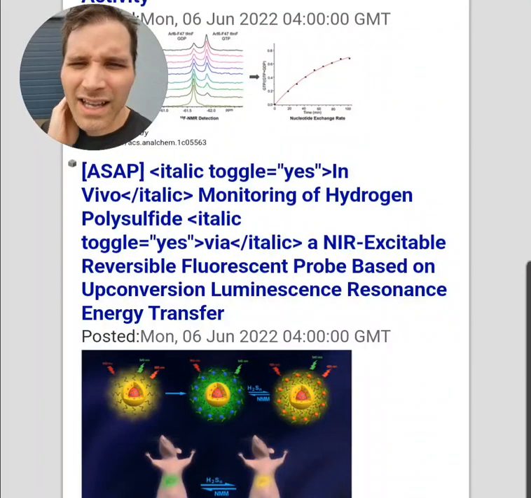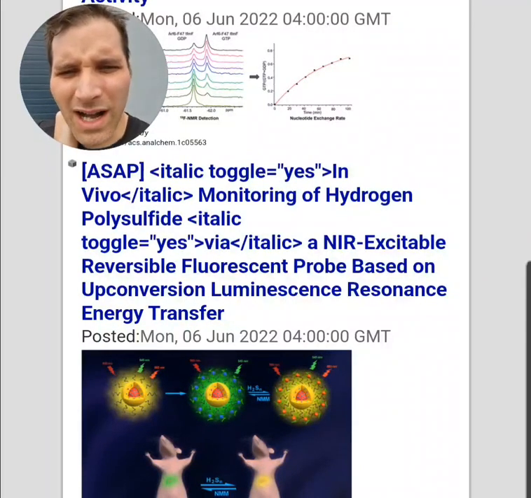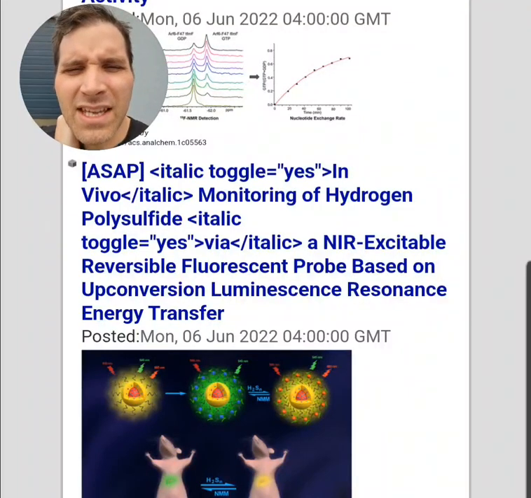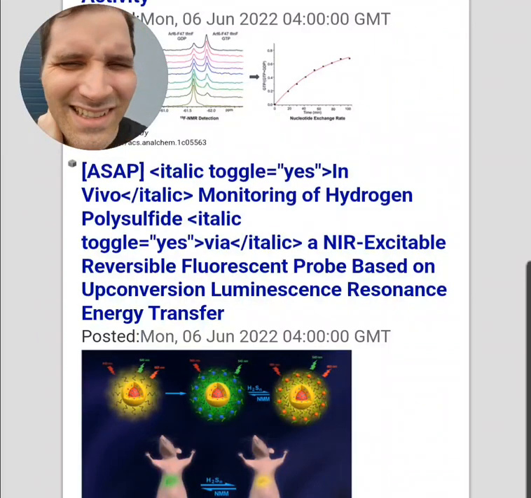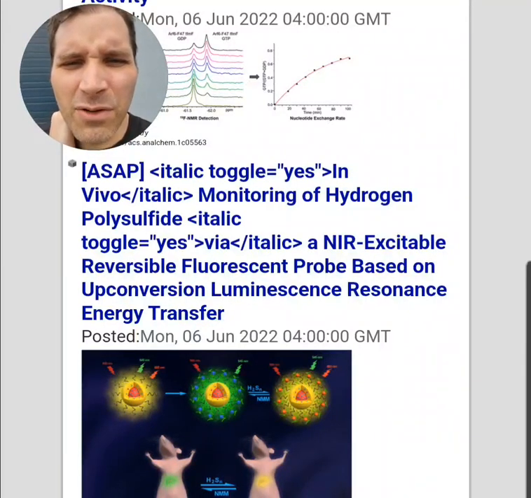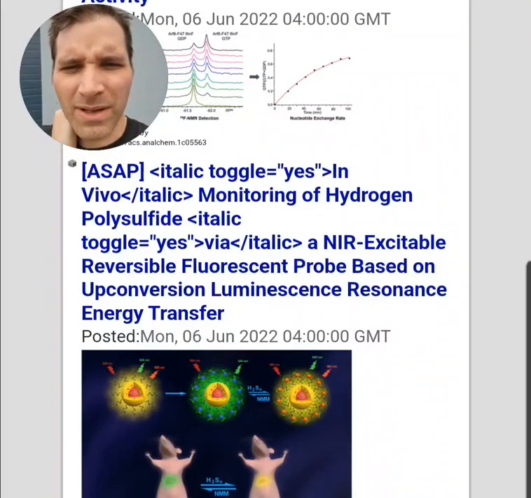So polysulfide must be more than one sulfide ion, I guess, but that almost doesn't make sense, or why it would be that way. And they're using a near-infrared excitable reversible fluorescent probe.